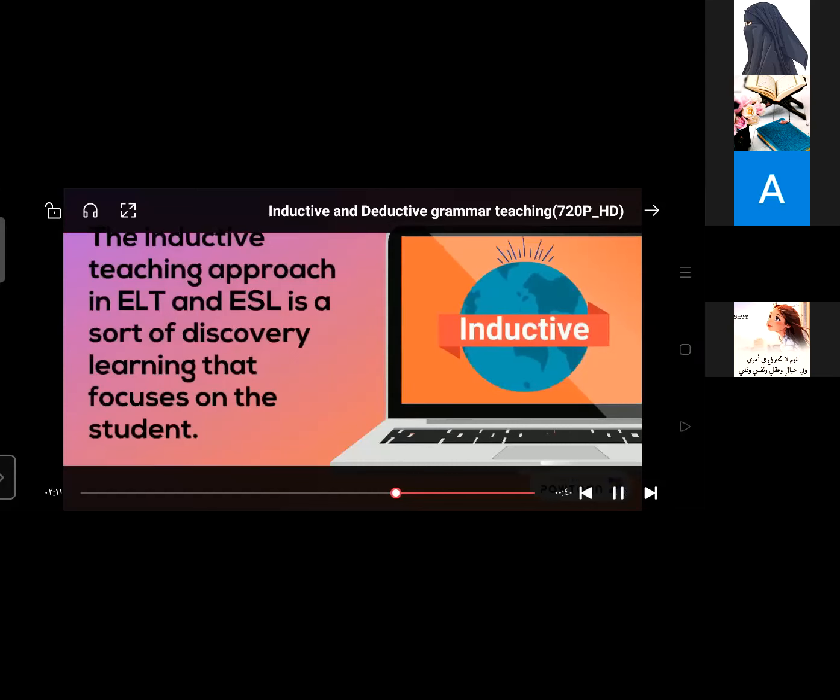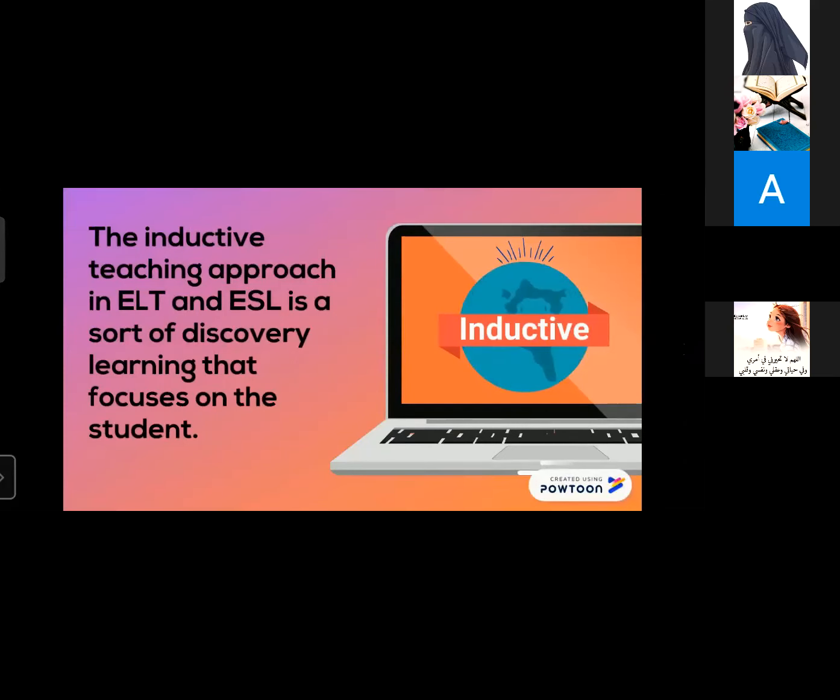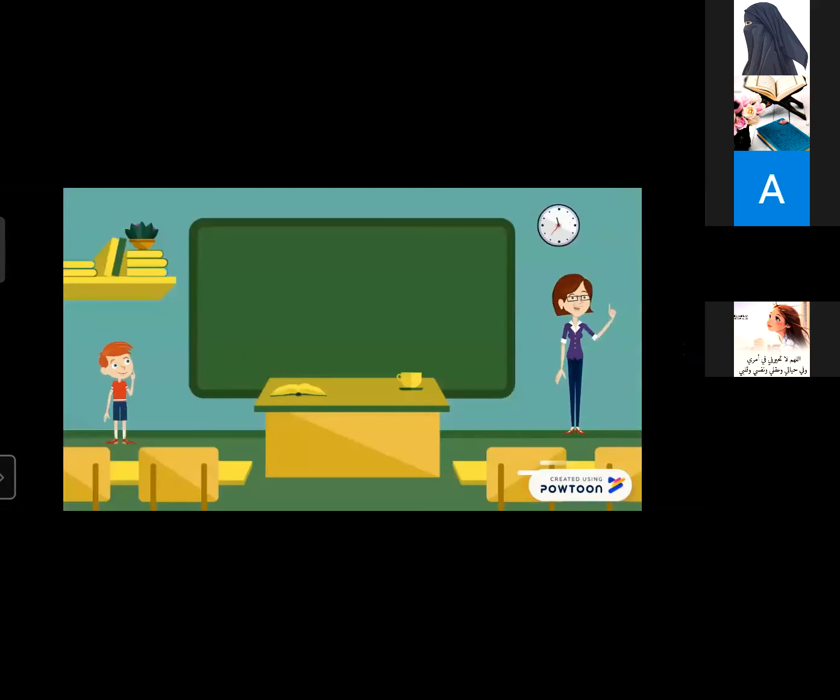For example, an instructor might show a few examples of grammar points in English and then ask students what they notice. Let's see an example. A teacher writes on the board a few examples of simple present and simple past sentences. The teacher then asks the students what difference they notice in the sentences.